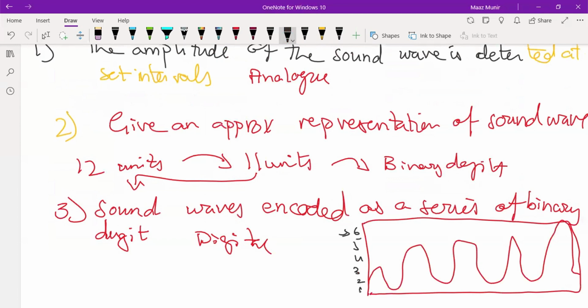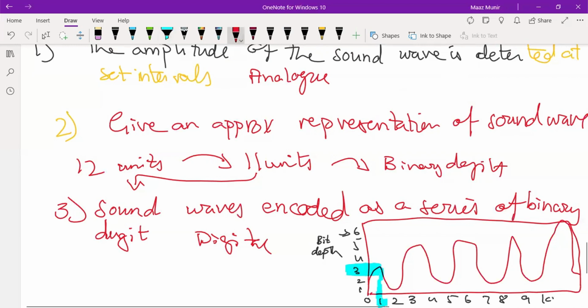And these values are known as bit depth or the resolution. And then we have also numbers up here 0, 1, 2, 3, 4, 5, 6, 7, 8, 9, 10. So we basically check that at position number 1, what's the amplitude of the sound file? It is 3.